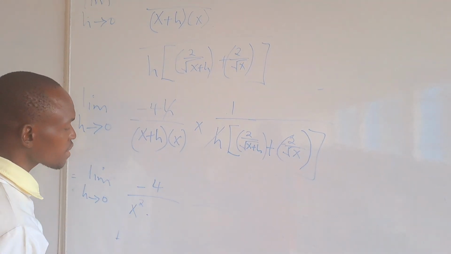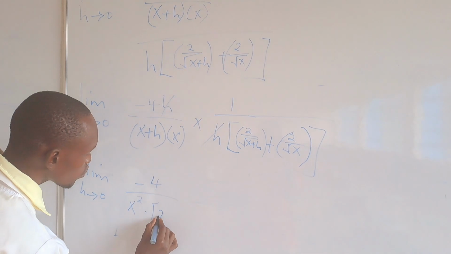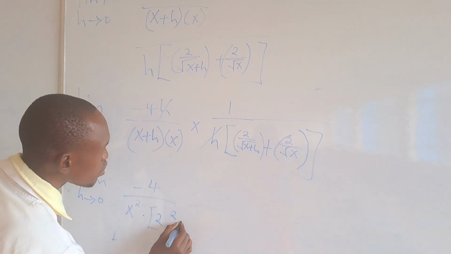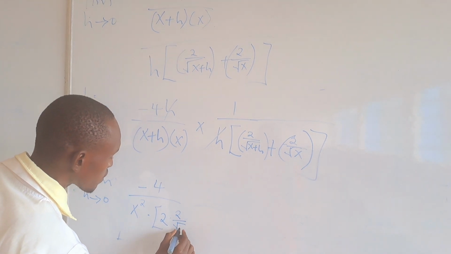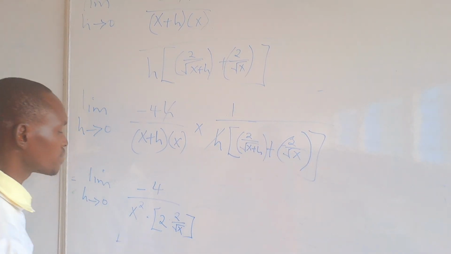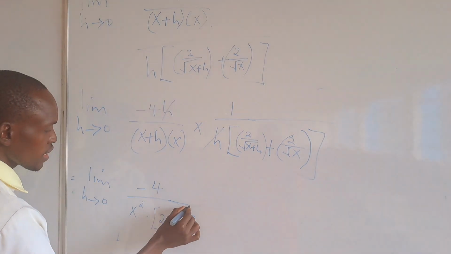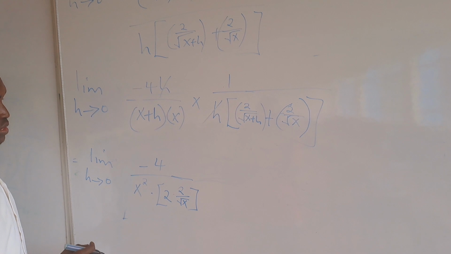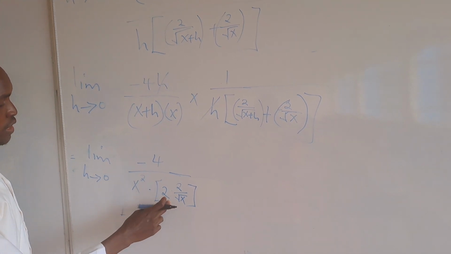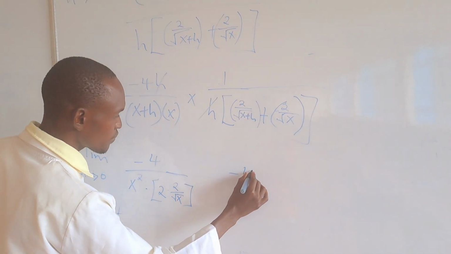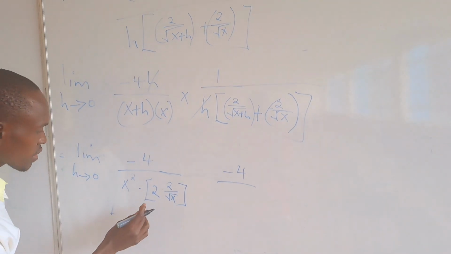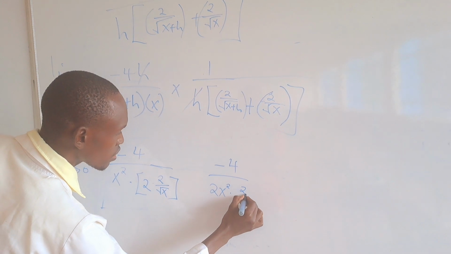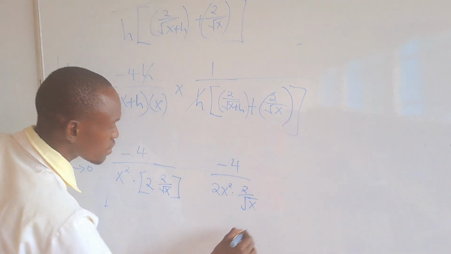So this will be the same as 2 root of x. So from here, let's now open this bracket. So we have negative 4 divided by 2x squared times 2 root of x.